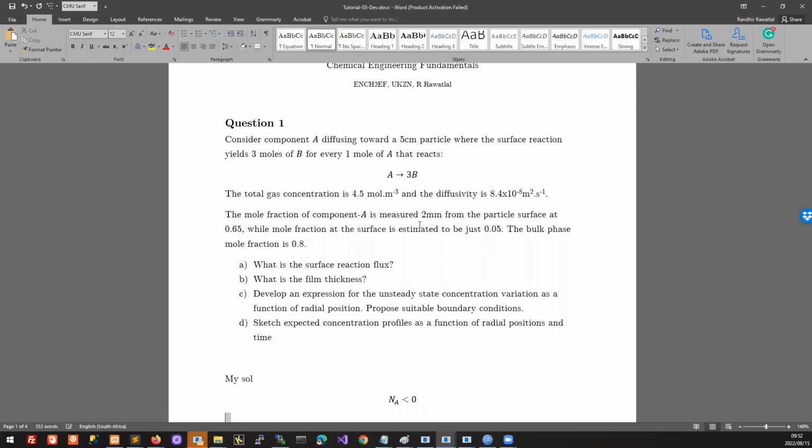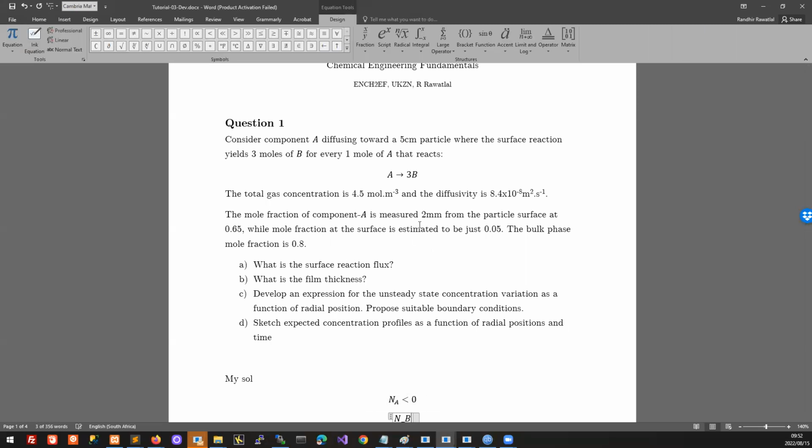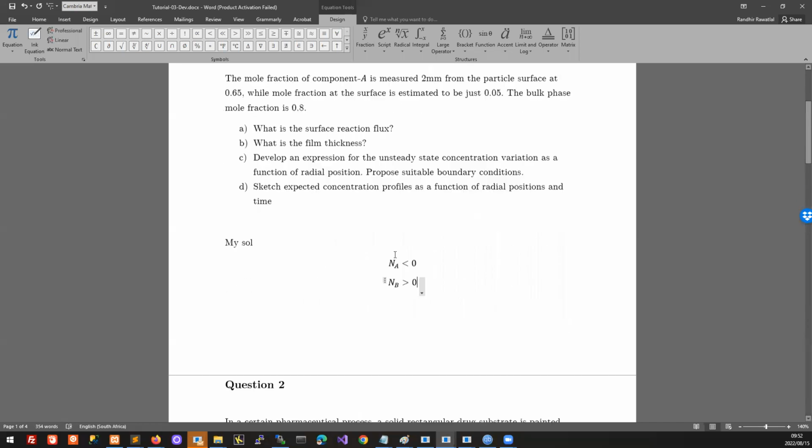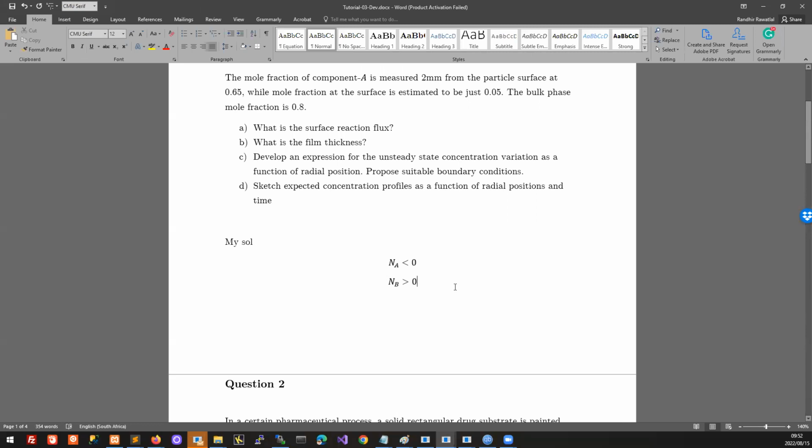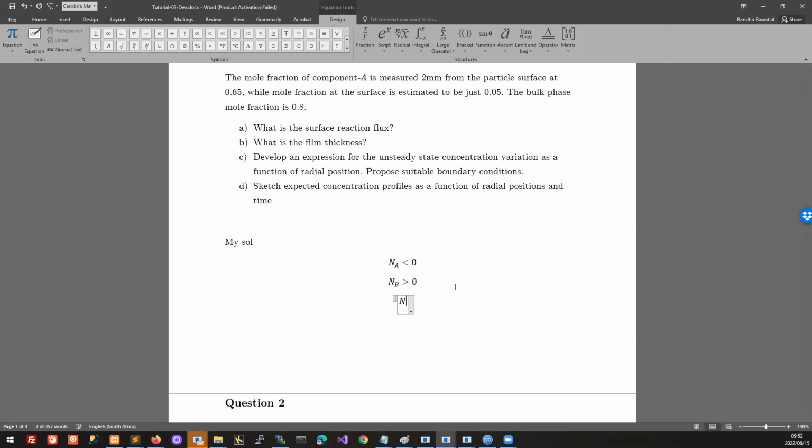And we expect NB, the number that's behind NB, that's going to be positive. And we also want to write something like NA equals something times NB. So we've got a 3 in there. And we know the signs will be different.